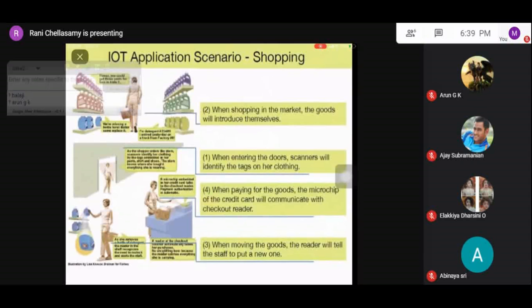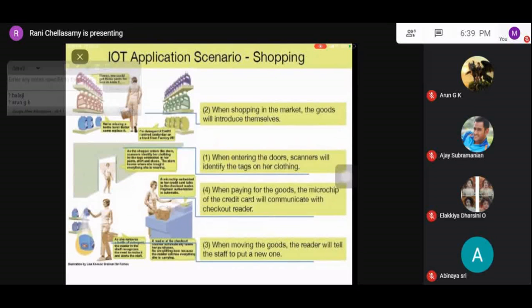After that, when moving through the goods, the reader will tell the staff to put a new one. If the person who comes for shopping takes any product from the rack, it will give an alert to the staff members in the shop to replace it with another item in that particular place.